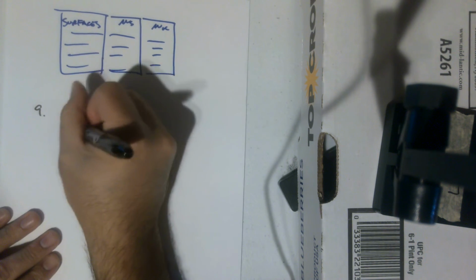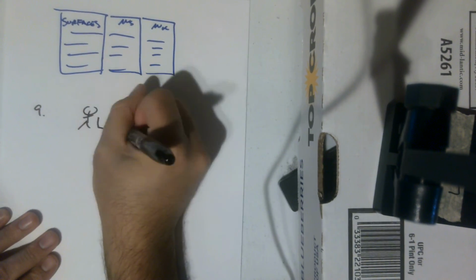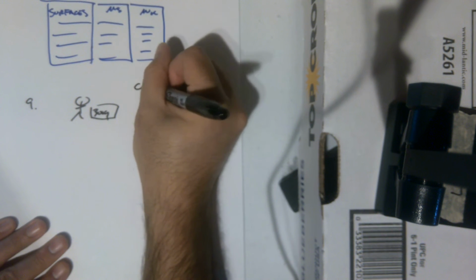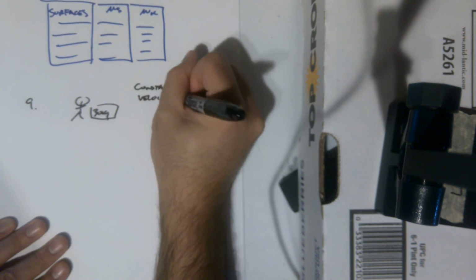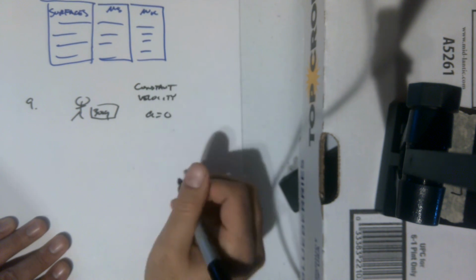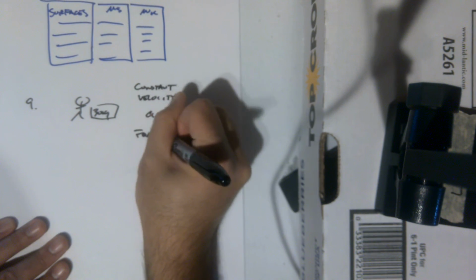Just really quickly, I want to show you that if you turn to problem number 9, you'll see a guy pushing a box, 30 kilograms. What you're going to find is that he's pushing it at constant velocity. You cannot forget that constant velocity means that a equals 0 and all forces are balanced.